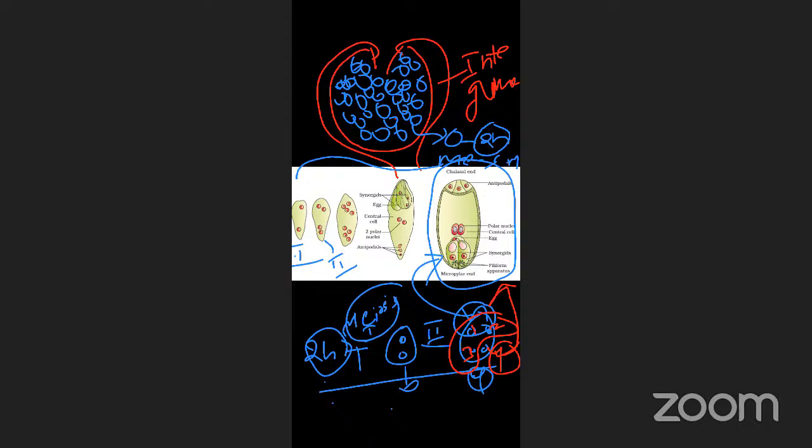That is called monosporic. If we take the bisporic condition, the same way, the 2n megaspore mother cell undergoes first meiosis, giving 2. Maybe one nucleus degenerates, and another meiotic division takes place. As a result, this one becomes 2.